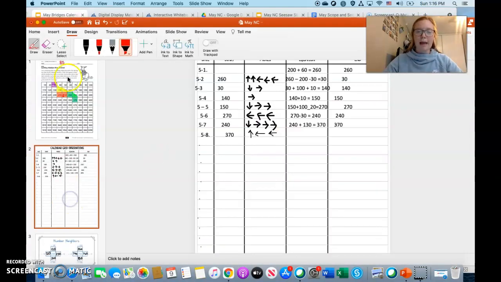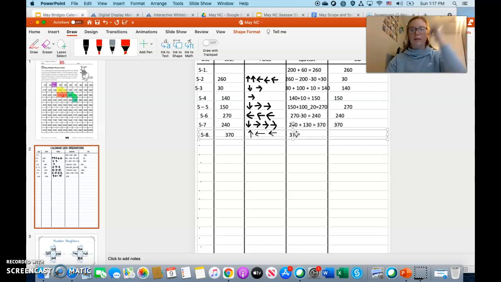I'm going to jump back down to our calendar here, and I'm going to put in our equation. So we had 370, that is where we started. Then by going up an arrow, we subtract 10. And then two arrows to the left is minus 20.